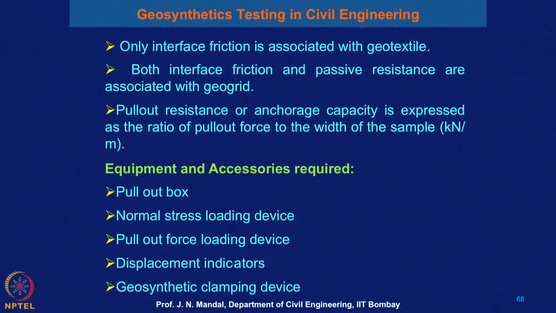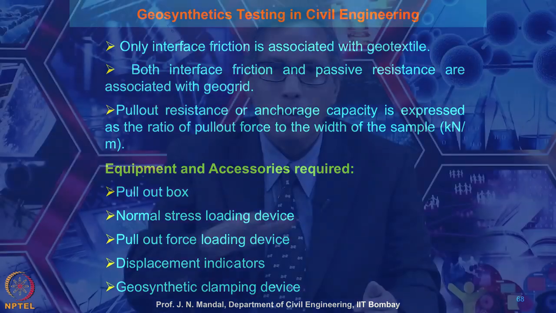Only the interface friction is associated with the geotextile material, because geotextile may be open or non-open geotextile material. So, there will be interface friction between the soil and the geotextile.